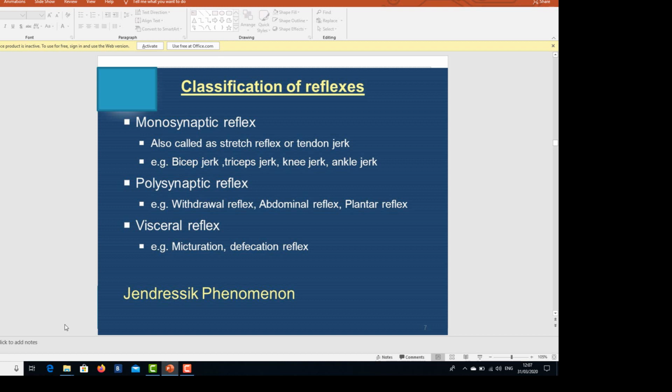Then we have polysynaptic reflex, which includes multiple synapses, for example, withdrawal reflex, abdominal reflex, plantar reflex. Then we have the visceral reflex, for example, micturition reflex, defecation reflex.